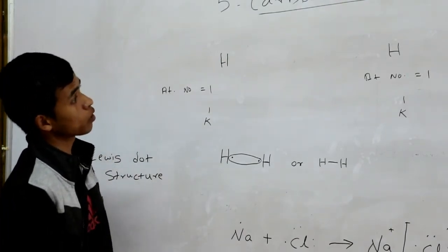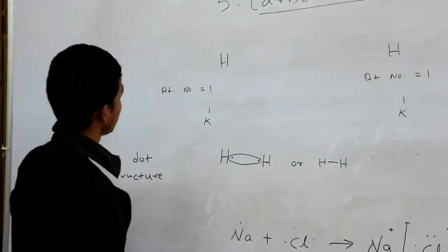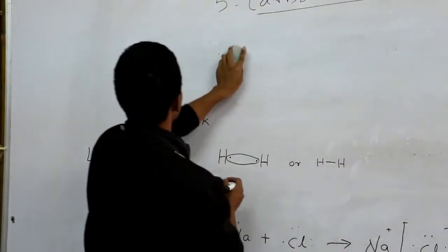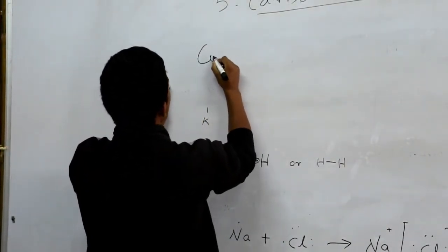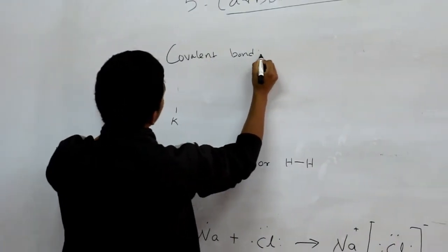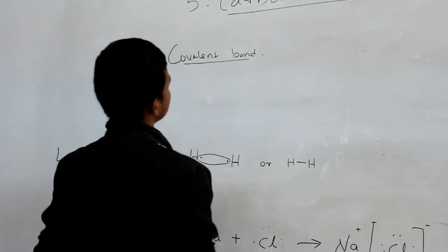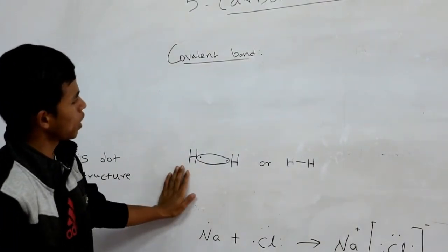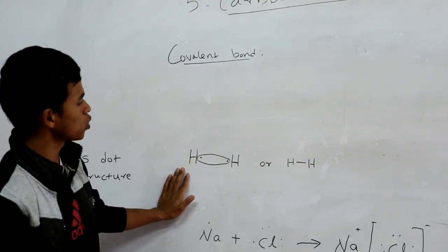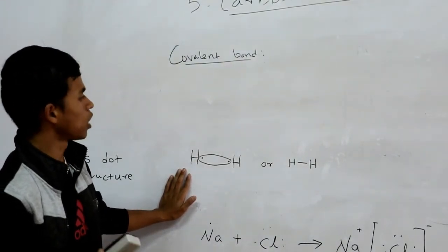So let's define covalent bond. And usually elements which undergo covalent bonds, which share electrons, are mostly non-metals.